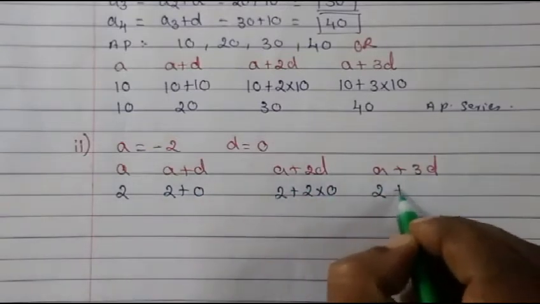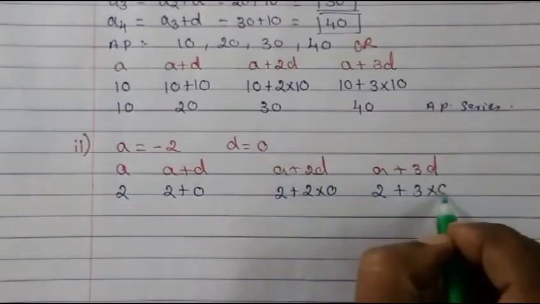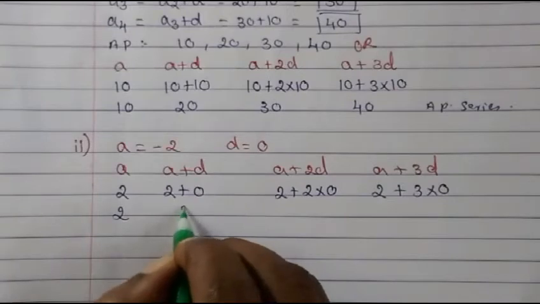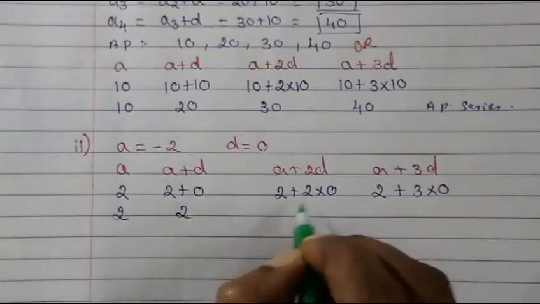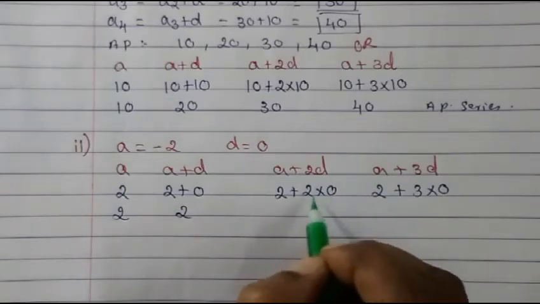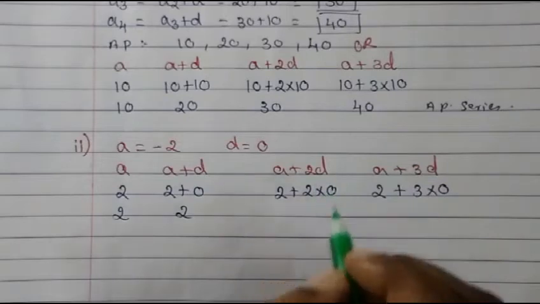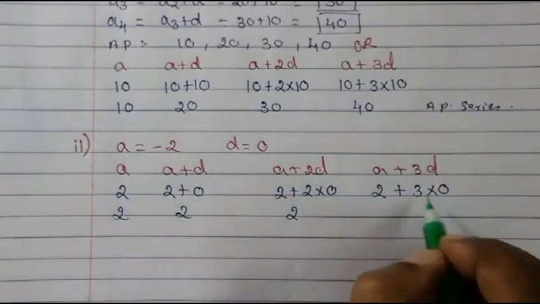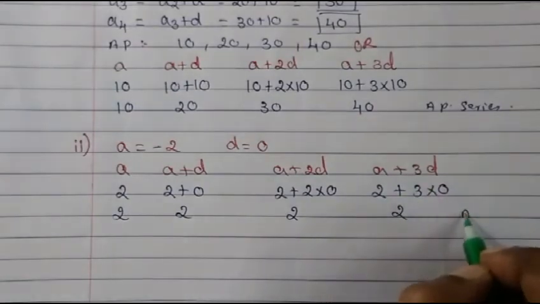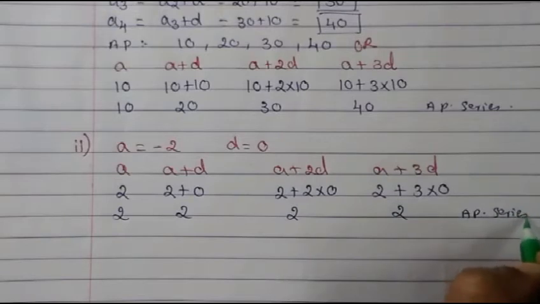A is 2, plus 3 into D is 0. So we'll get 2 here. 2 plus 0 will get 2. Then 2 into 0 will become 0, because any number when you multiply with 0 you will end up with 0. So the whole thing becomes 0, and you will get only 2. Here also 3 into 0 will become 0, so 0 plus 2 will become again 2. So this is our AP series here.